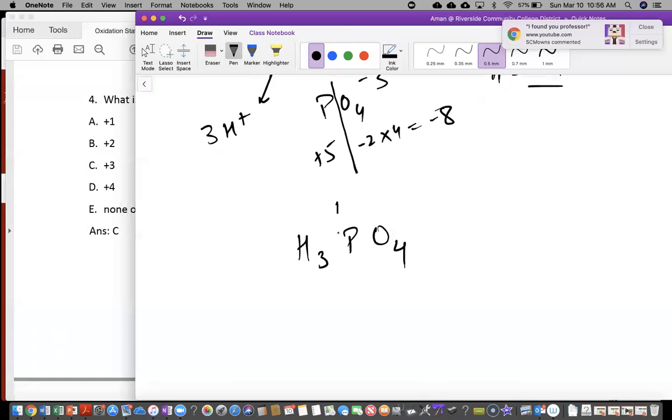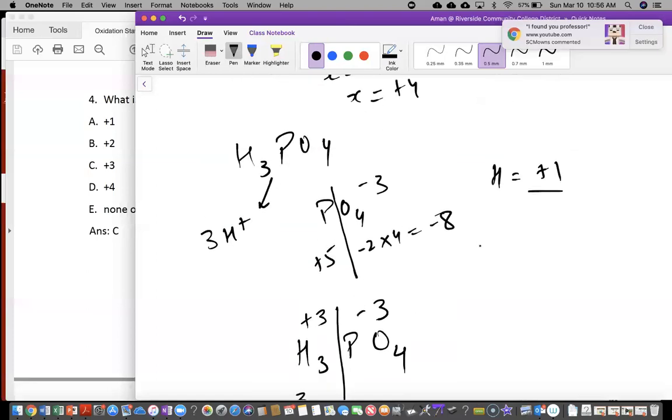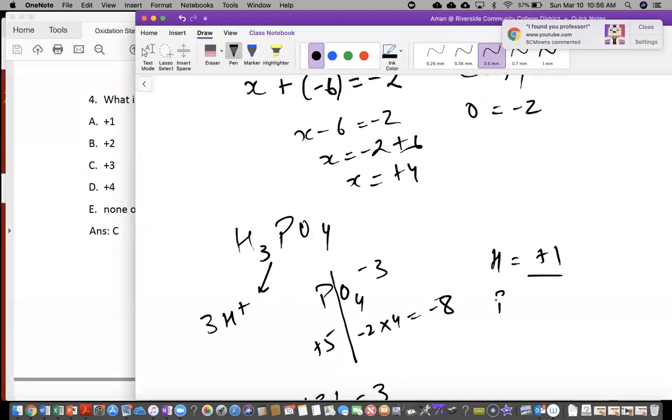So the left-hand side must be +3. And 3 hydrogens are +3, so each one is +1. So hydrogen is +1, phosphorus we figured out is +5, and oxygen we know is -2. Don't put -8. It's the charge per atom, so -2.